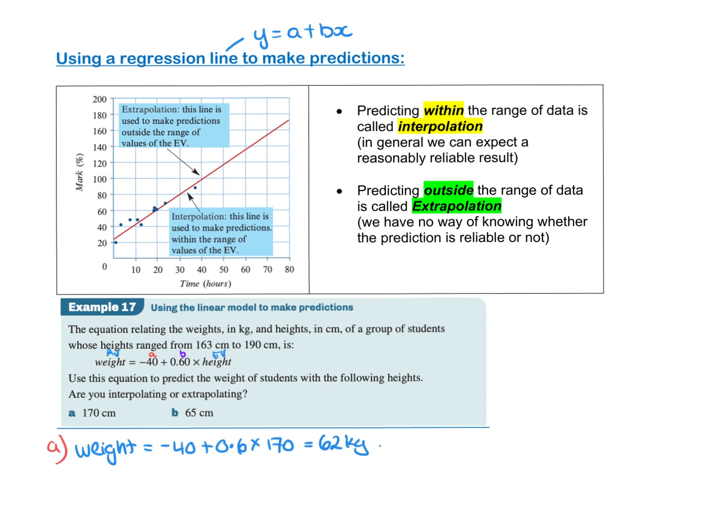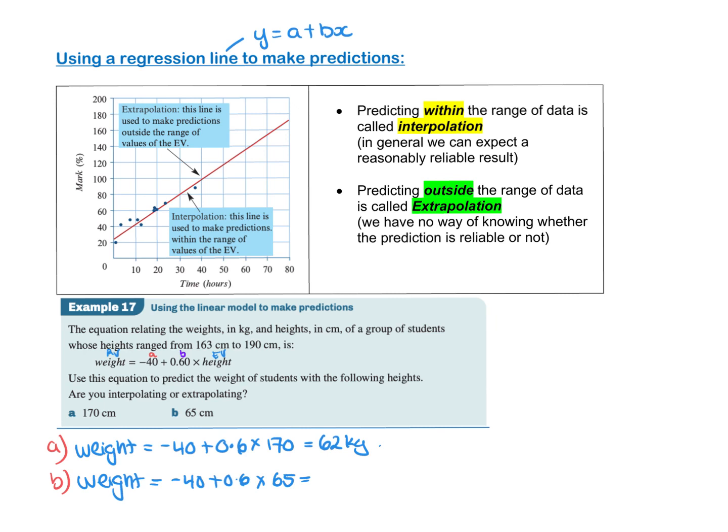So then if we go and look at the next one, let's do the same thing. We're going to predict the weight of a child that's only 65 centimetres. So this is obviously a very small child, yeah? So we're thinking they're not going to weigh a lot. So what was their one?